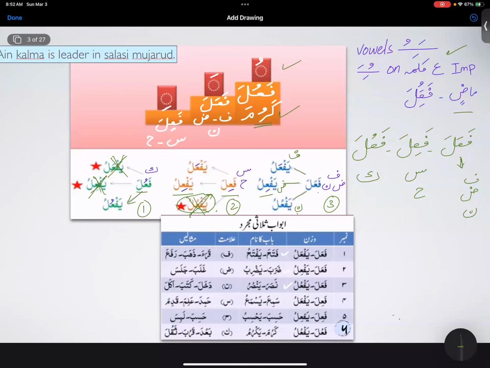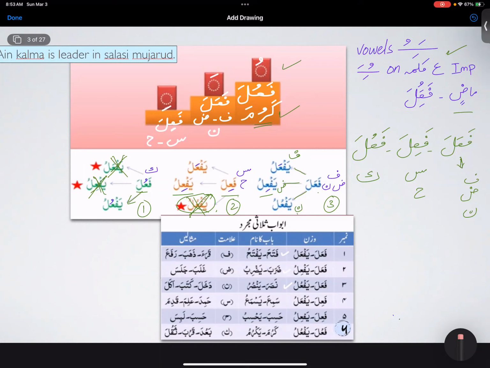For this fa'ila yaf'alu, there is also a possibility that not just samia yasma'u, it can be yasmi'u. There are 2 possibilities, not for samia, but for hasiba. Hasiba could be yahsabu, or hasiba could be yahsibu.